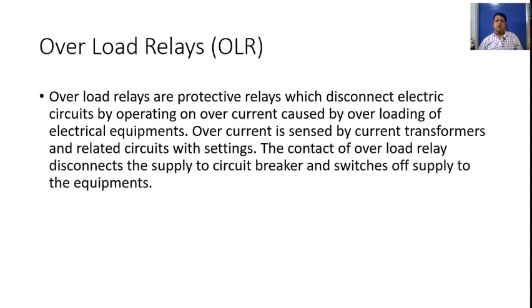The overcurrent is sensed by current transformers and rated circuits with some settings, and the information is given to the relay, and this relay will trip the connection. The contact of the overload relay disconnects the supply to the circuit and switches off the supply to the equipment.